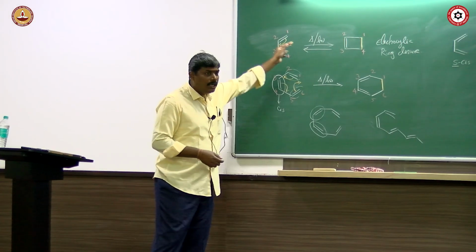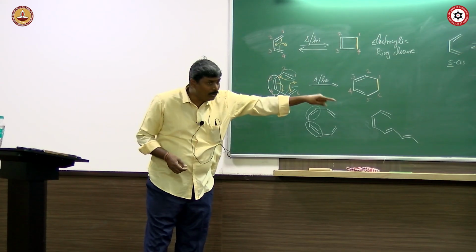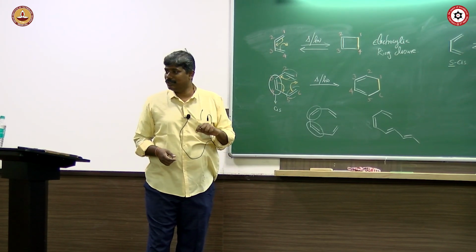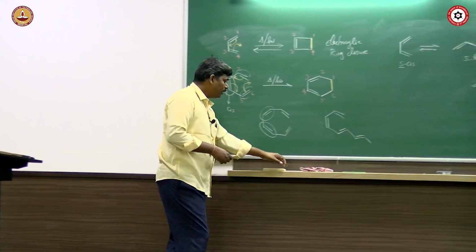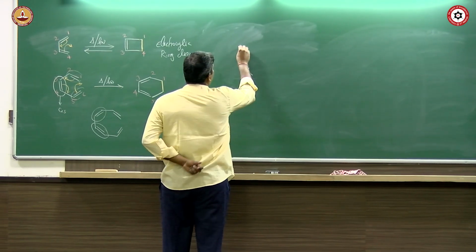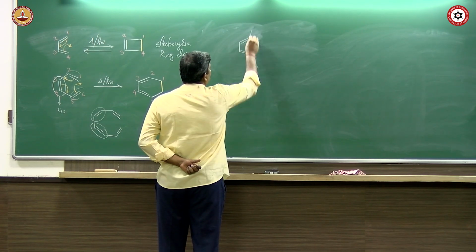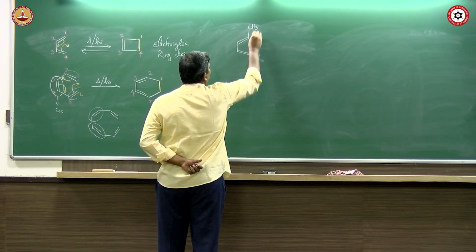I have not shown you any substitutions over here, but I talked about stereospecificity with respect to these transformations. Let's see what happens when you have substitution. Alright, so let's simply take butadiene and put a substitution with this methyl group.